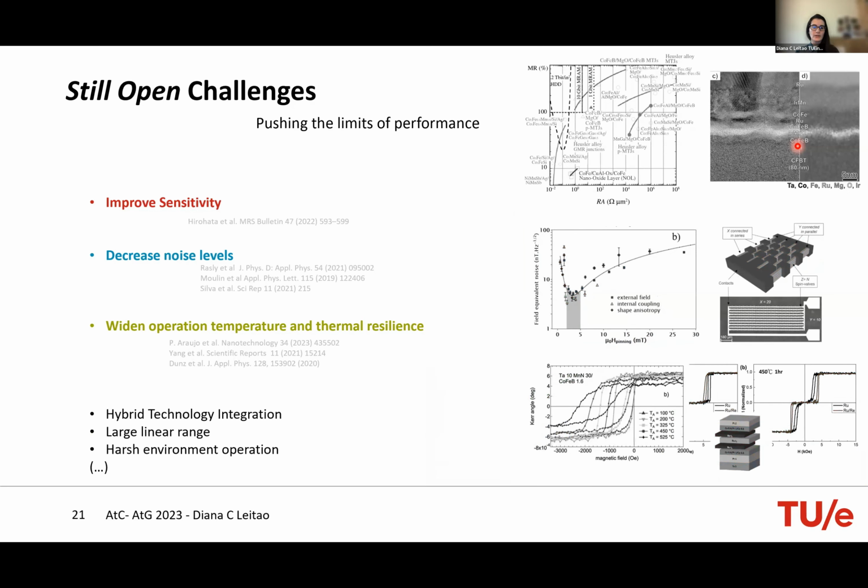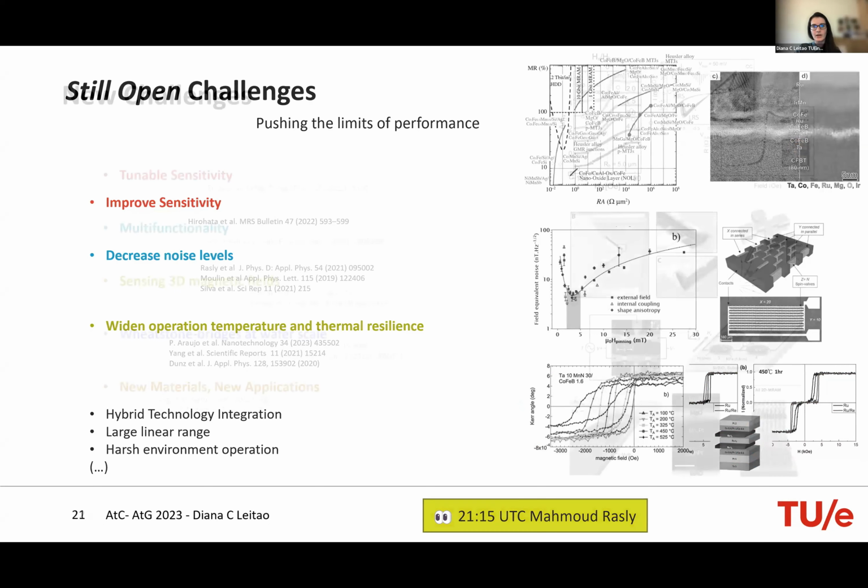We can also think about hybrid technology integration, for example, mixing superconductors with magnetoresistive sensors, or even microelectromechanical systems. So all of these bring certain advantages to this technology. And of course, regarding the noise level, I would like to point out that there's going to be a nice presentation later on in this session by Mahmoud Hasli, exactly on this.